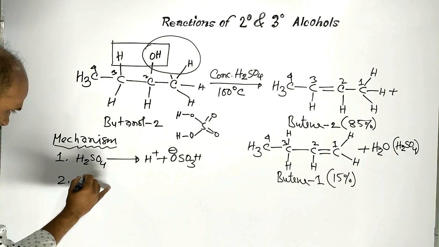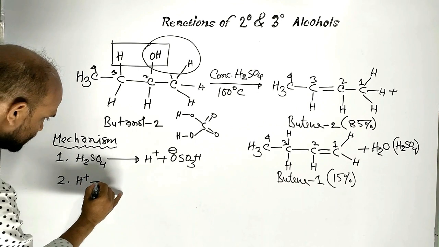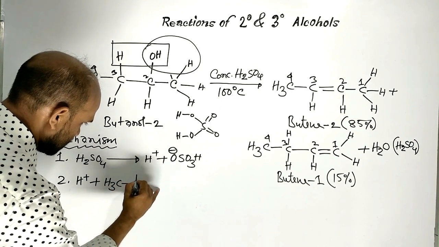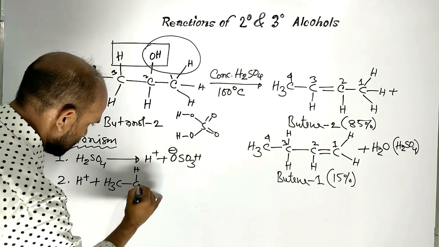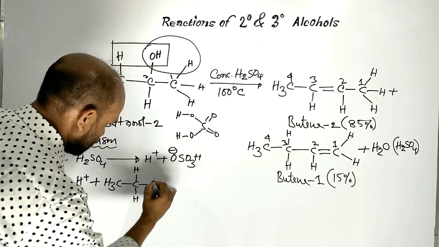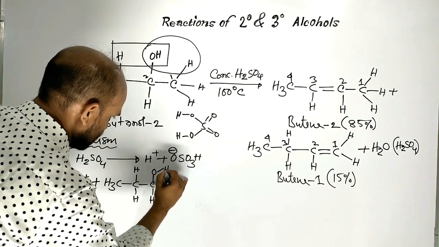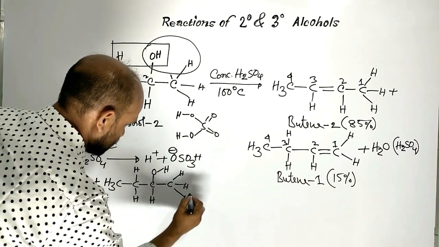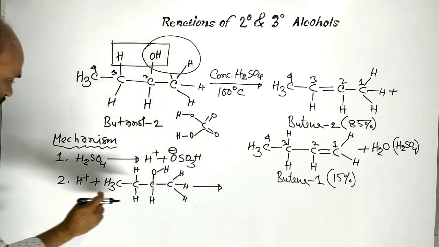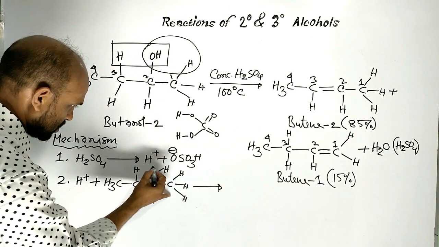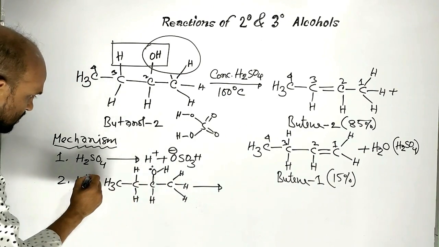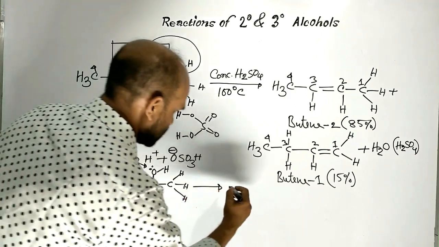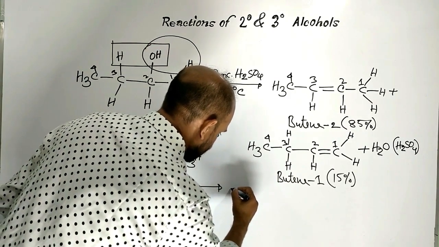Step 2. Proton combines with alcohol. That is, this proton combines with this oxygen. That is, alcohol suffers protonation to form this protonated alcohol.